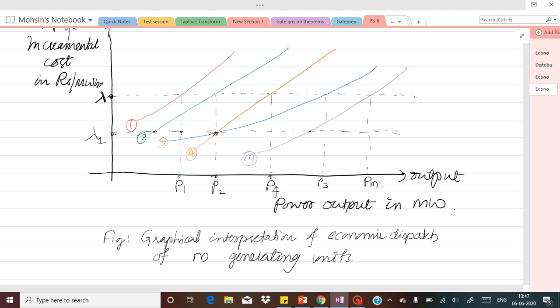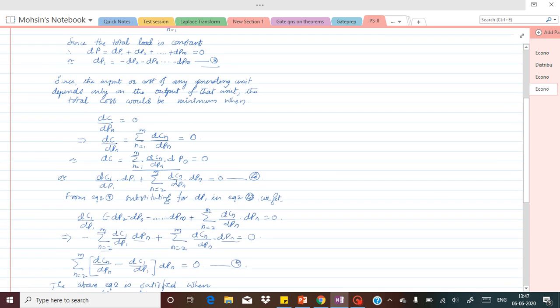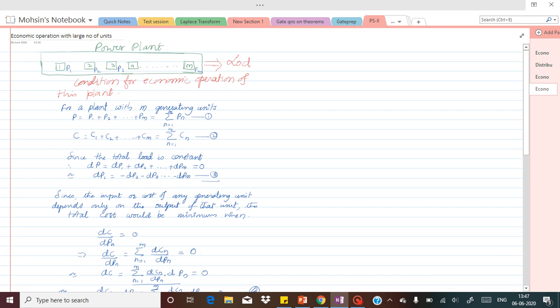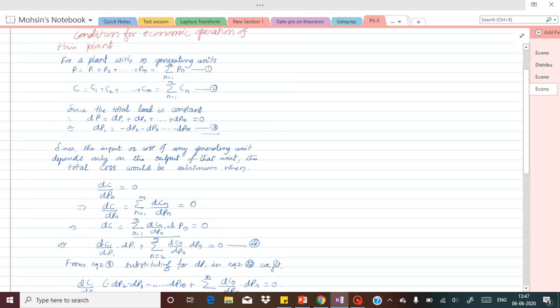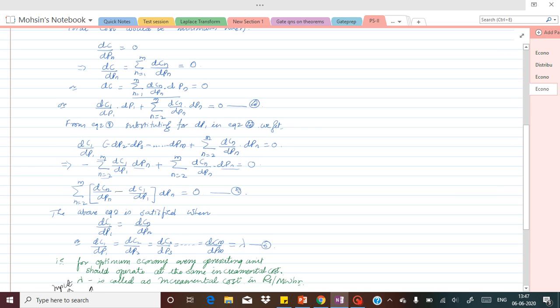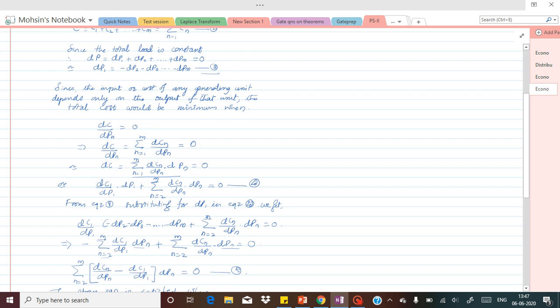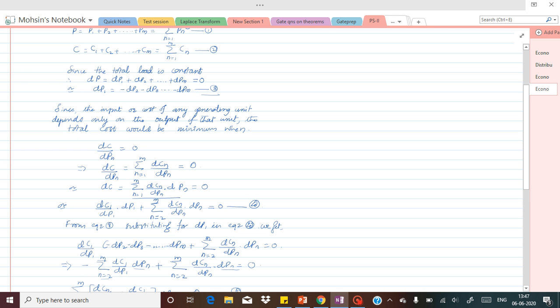So far, in essence, what you need to remember is that for the economic operation of a plant operating with multiple units, the economic condition is that the incremental cost of all the units must be equal. For that we took the condition of differentiation as the power is constant.